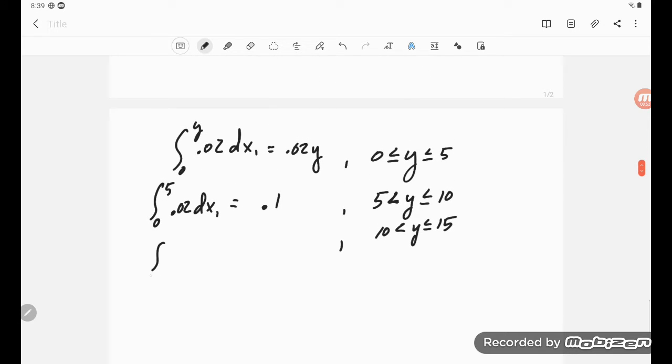So the integral from y minus 10 to 5 of 0.02 dx1. Well, that one I didn't really leave quite enough room, because I'll get a 0.1 and then minus 0.02 times y minus 10.